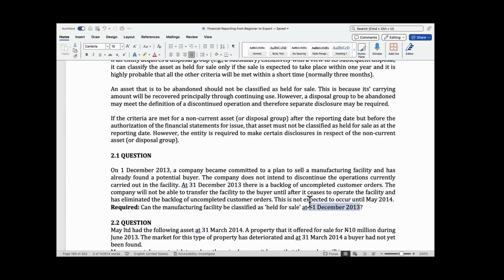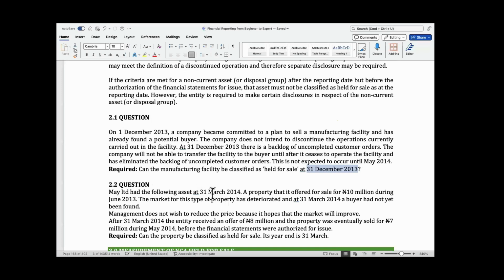So let's look at this other one. This talks about May Limited, which had the following assets at 31st March 2014. A property that it offered for sale for 10 million during June 2013. The market for this type of property has deteriorated, and at 31st March 2014, a buyer had not yet been found.